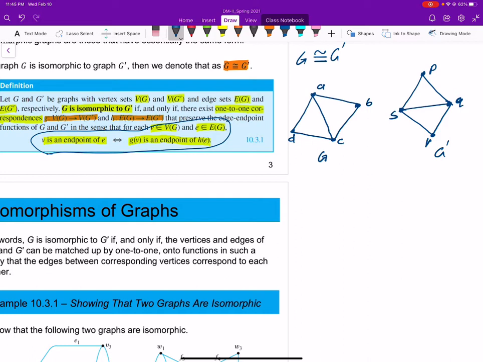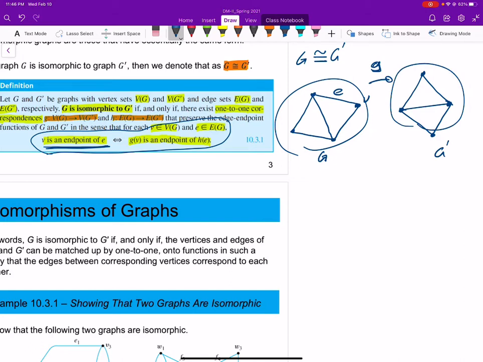Let me mark only one vertex, because that's convenient. Let's say this is V and that is E, which means V is an endpoint of E. Then there's a function g that I'm going to explain later. That function will map vertices in this graph with vertices in the other graph, and edges in this graph with the edges in the other graph.